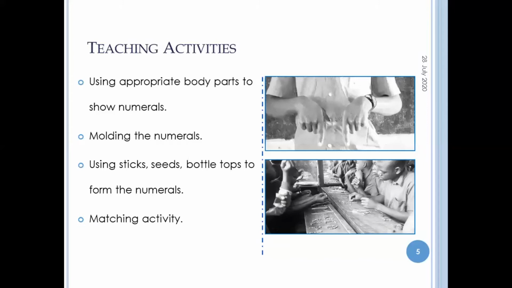Another activity that the learners can do is matching the numerals. You could use the words for the value. You could also use the Hindu-Arabic numeral matched with the Roman numerals.